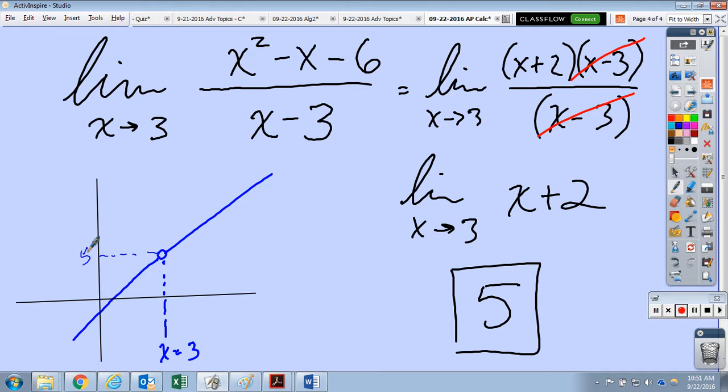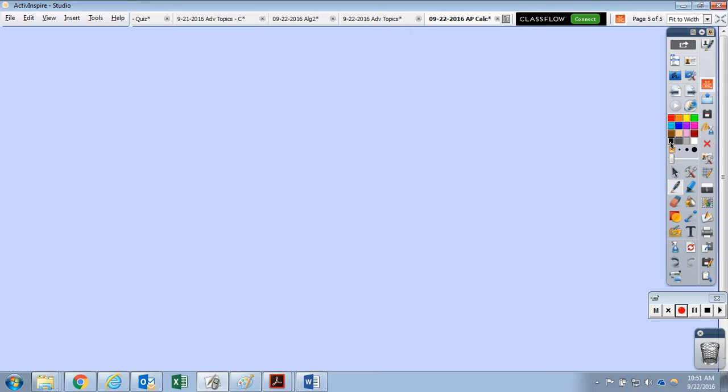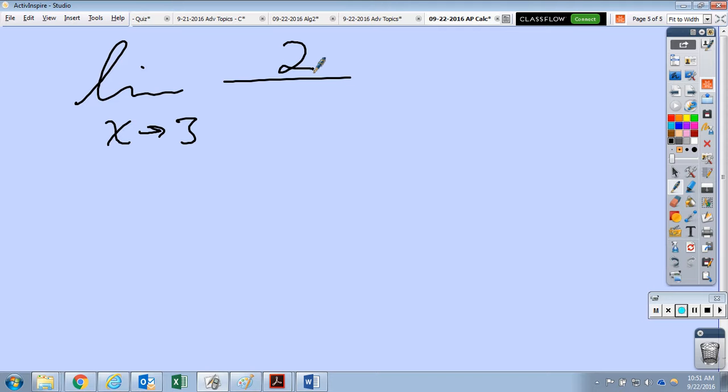Say for example, no limit. Let's just say for example, the limit as x approaches 3 of 2 over x minus 3.